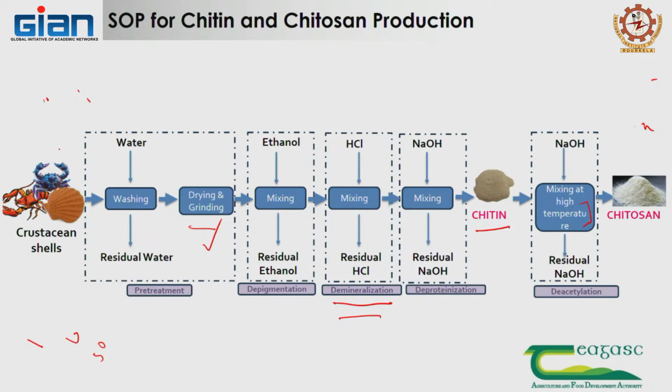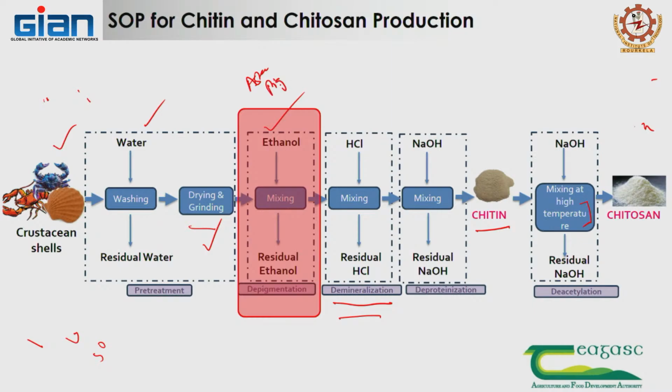So, shells were washed and dried, you got it? We eliminated this particular step because I did not want you to handle ethanol, and this would have taken away your astaxanthin and some of the colored pigments.